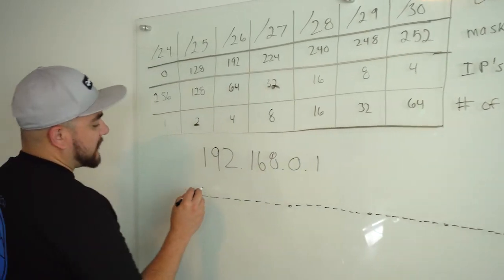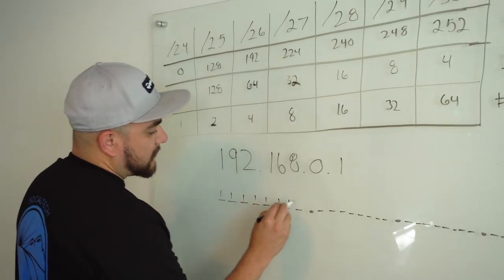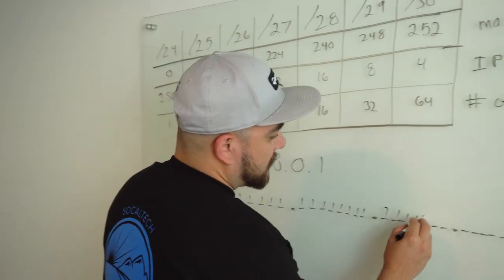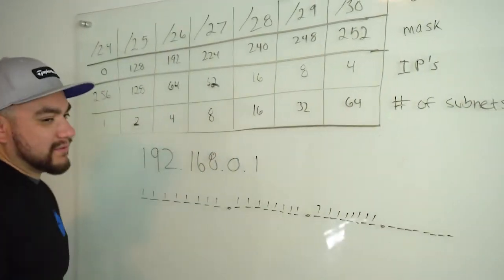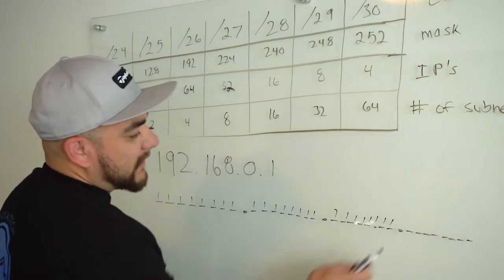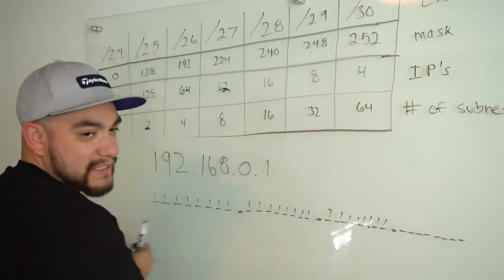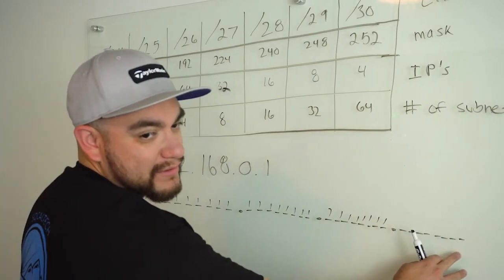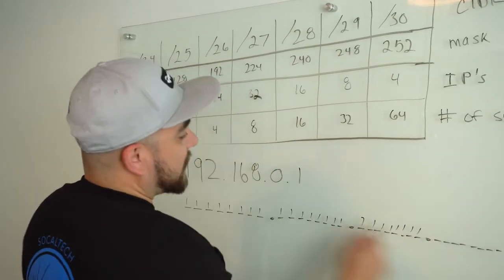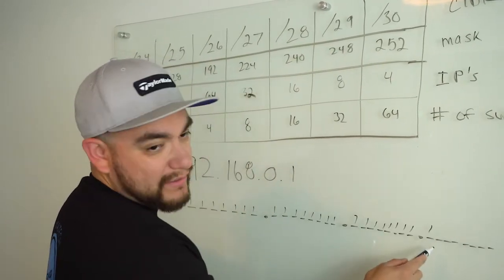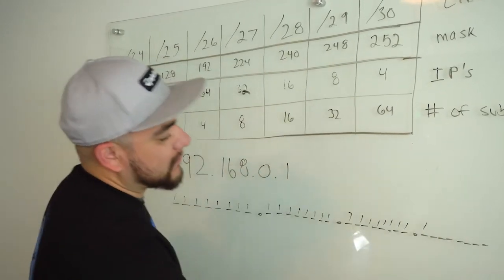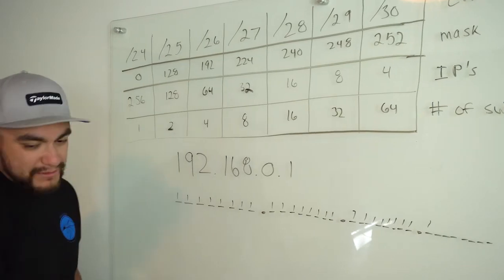So /24 means that these bits you cannot use. I'm just using ones to represent them, but it means that 24 bits have been used and you only have 8 more to go. If you're in /25, the first bit of the 4th octet is being used, so you have fewer IP addresses going forward.